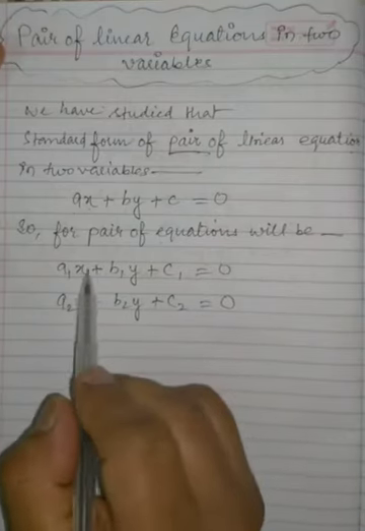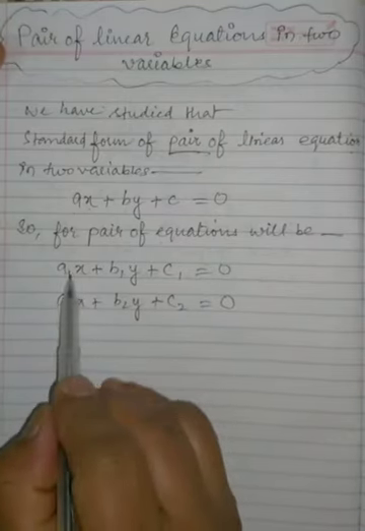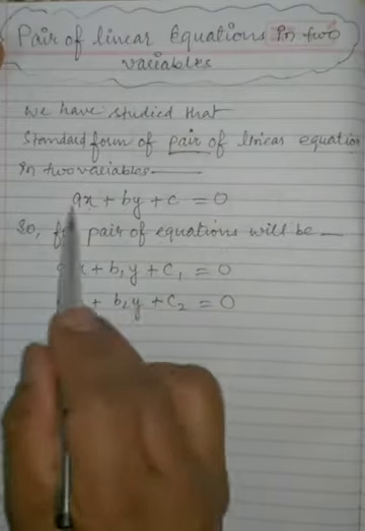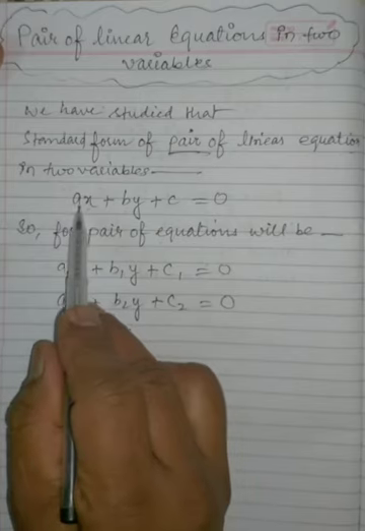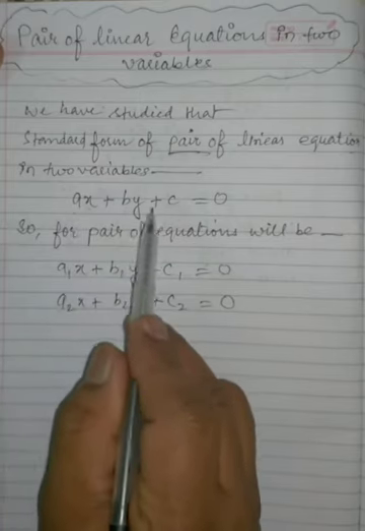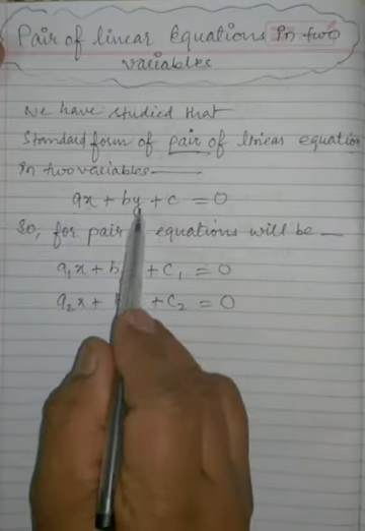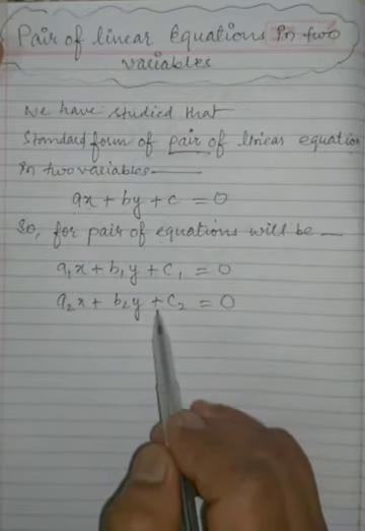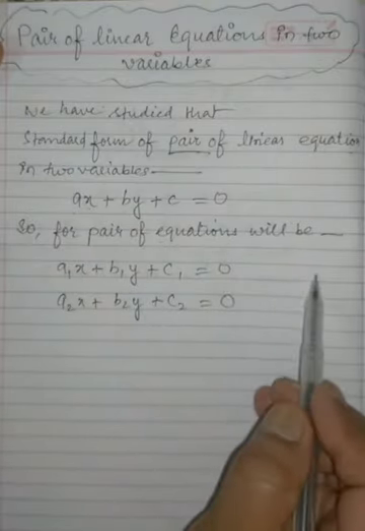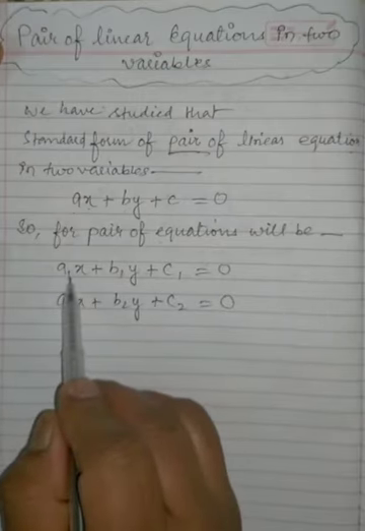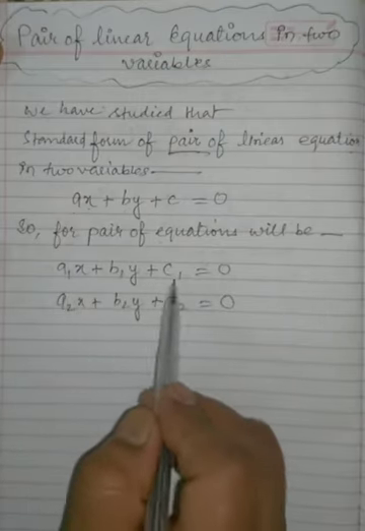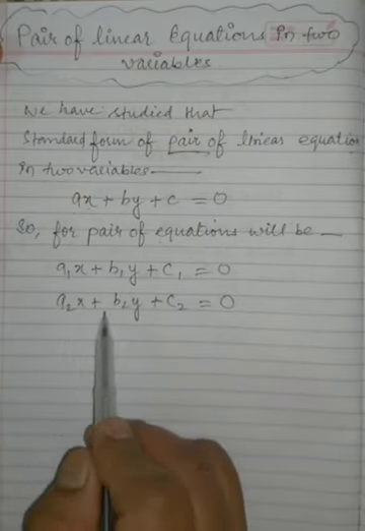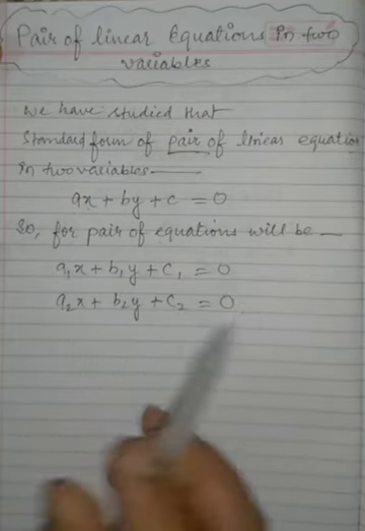So you can see here the standard form of pair of equations is exactly same as the standard form which we have studied in class 9, ax plus by plus c equal to 0. But since this time we have pair of equations, so for the equation 1 it is used as a1x plus b1y plus c1 equal to 0, and for equation 2 it is used as a2x plus b2y plus c2 equal to 0.